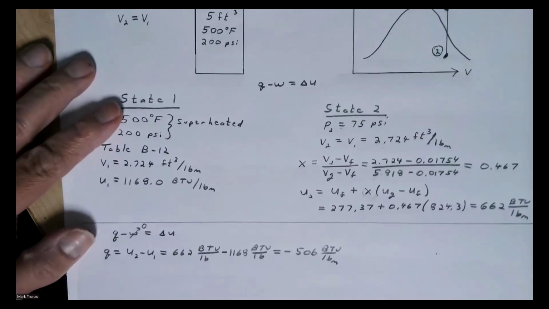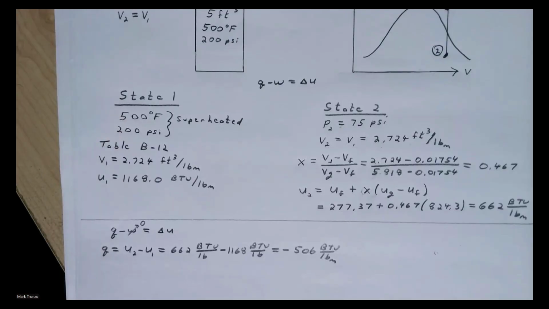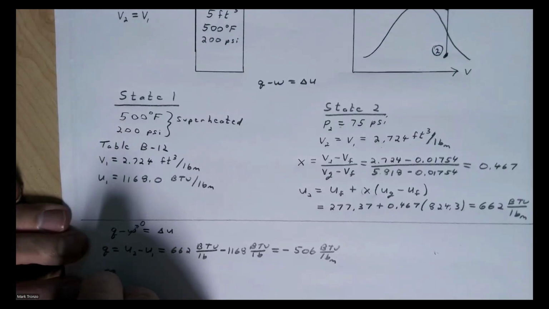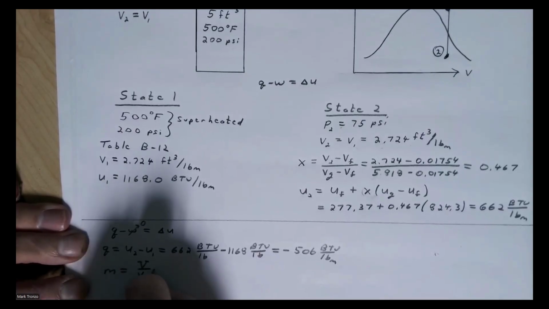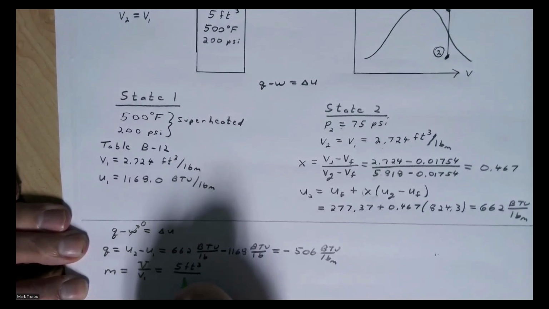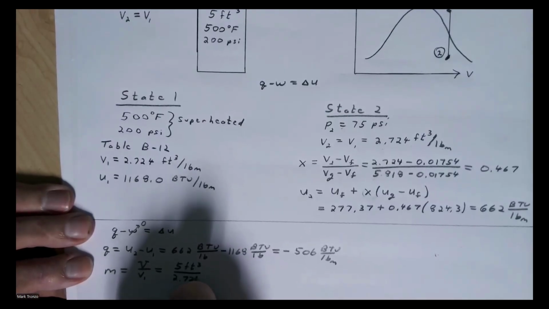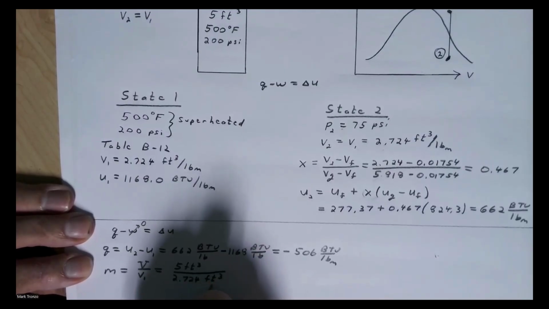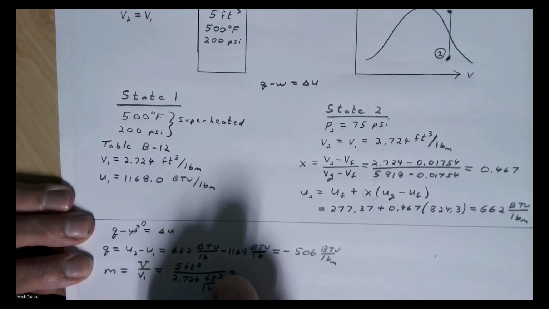Now, if we want the actual heat transfer, the BTUs, we have to find out what mass we have. Of course, again, the mass is going to be the volume divided by the specific volume. In our case, we had 5 cubic feet divided by our specific volume of 2.724 feet cubed per pound.